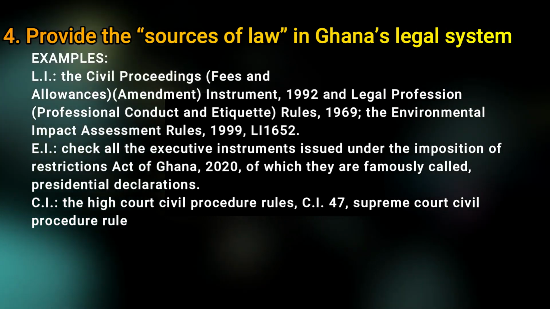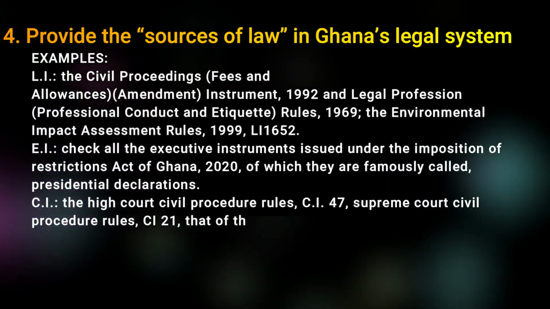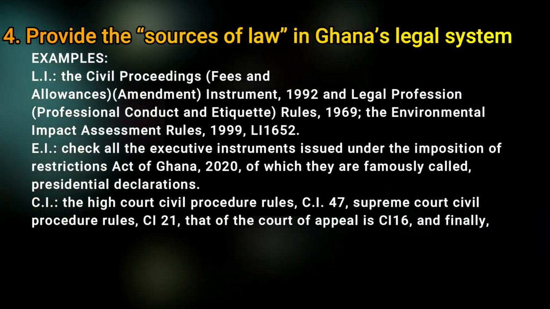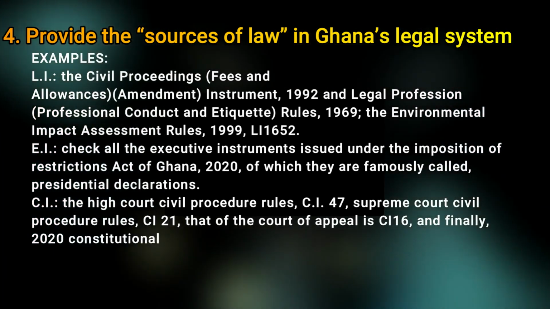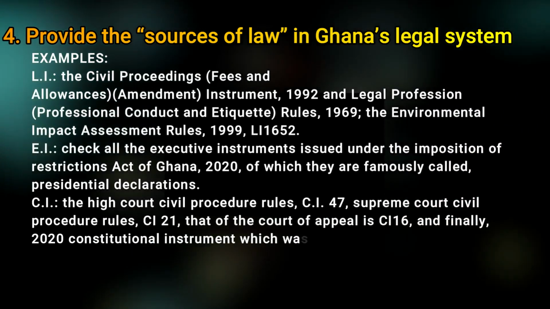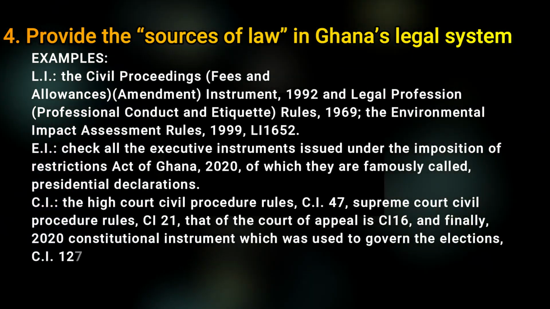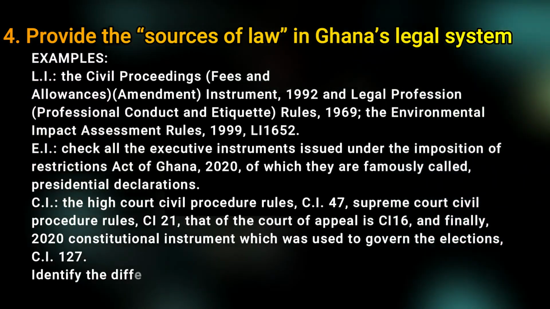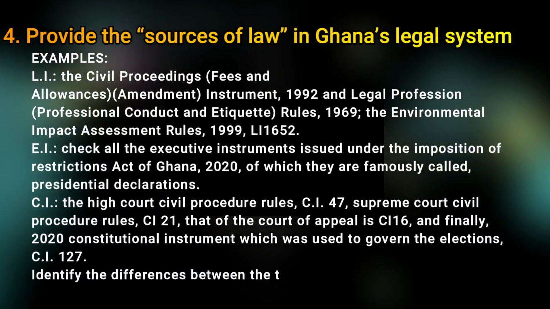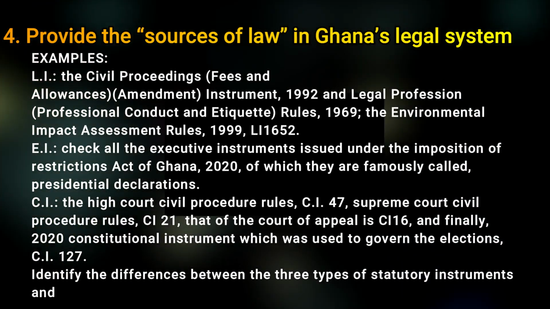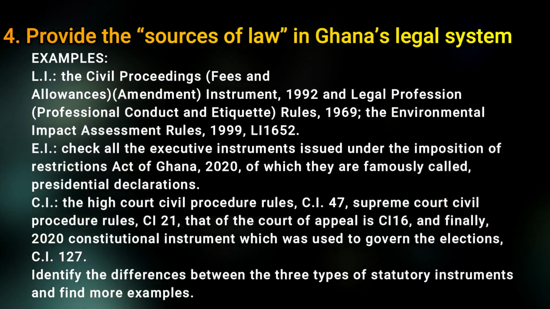However, some examples of constitutional instruments are the High Court Civil Procedure Rules, CI 47, Supreme Court Civil Procedure Rules, CI 21, and that of the Court of Appeal, which is CI 16. And finally, the 2020 Constitutional Instrument, which was used to govern the elections, CI 127.